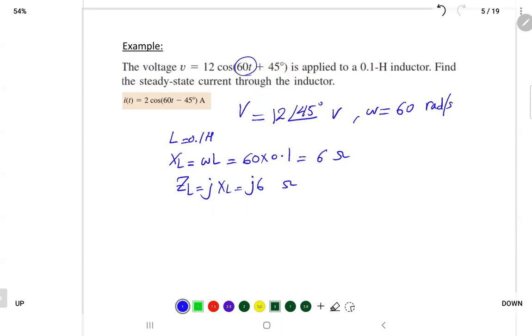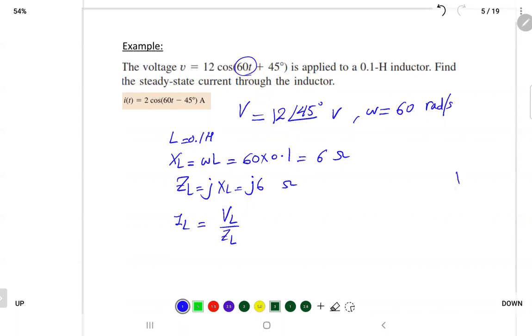Now the question is to find the steady state current through the inductance. I will just apply Ohm's law in general. Current is equal to voltage divided by impedance. So I through L is equal to VL divided by jXL, or ZL. I just want you to pay attention: not any voltage, not any current.